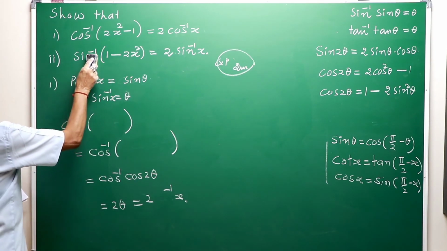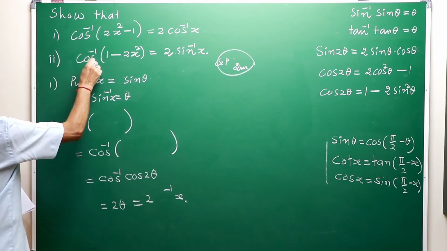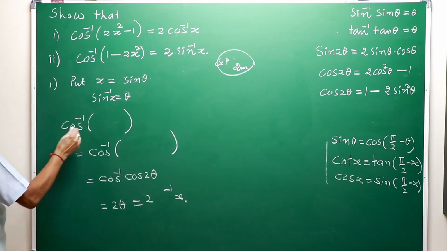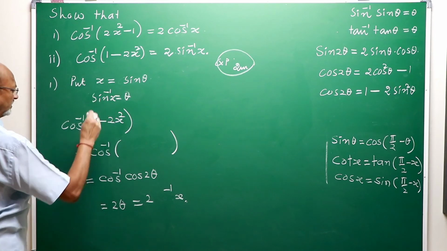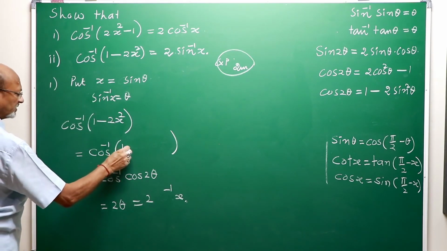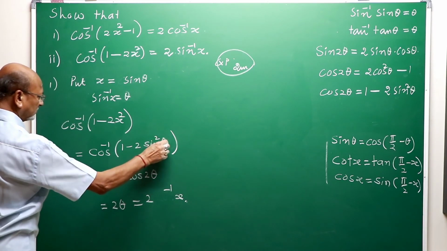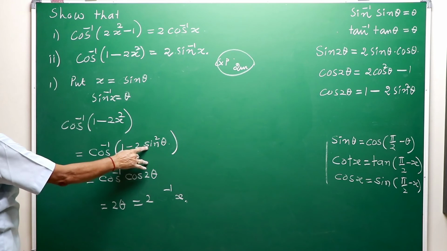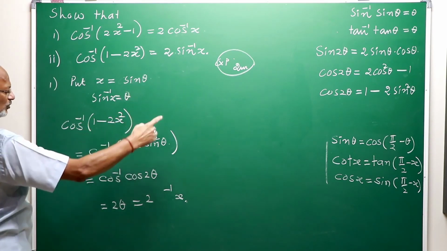LHS, my friend, it must be cos inverse. No, it should be cos inverse. Do that correction. Cos inverse of 1 minus 2x square, that is cos inverse of 1 minus 2 sin square theta. 1 minus 2 sin square is once again cos 2 theta.